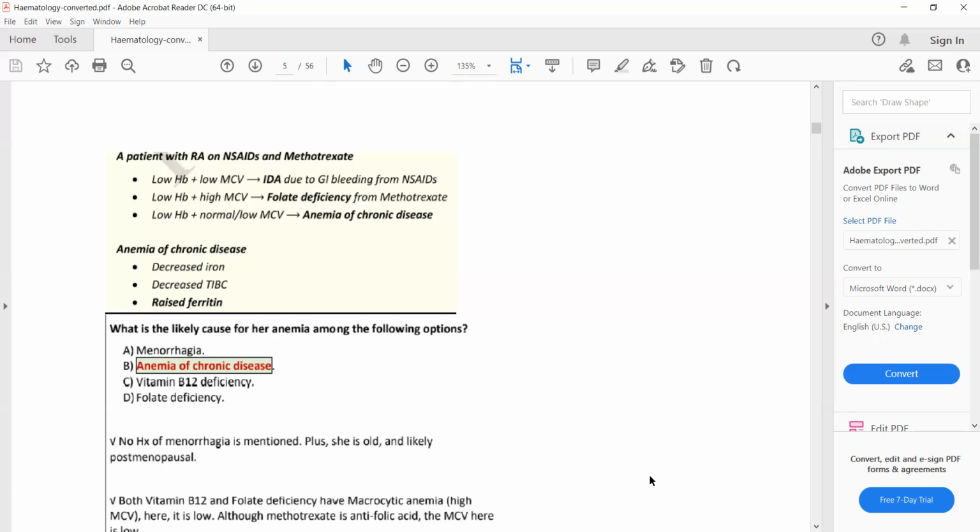Why is ferritin raised in anemia of chronic disease? In anemia of chronic disease, due to chronic inflammation, the inflammatory cytokines that are released decrease the free iron that is available in the plasma or serum. So the bound form of iron is increased, and the storage form of iron is also increased, because these inflammatory cytokines promote the storage of iron.